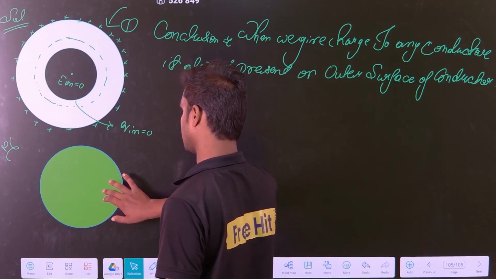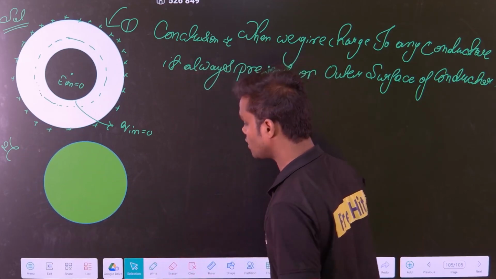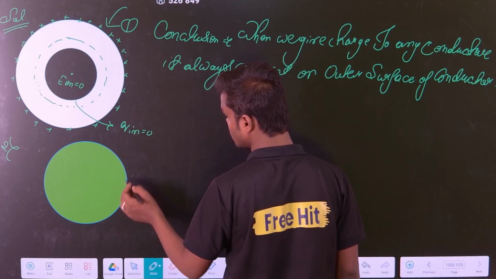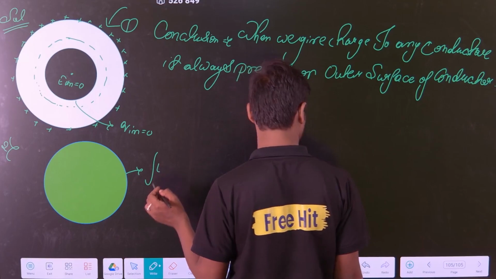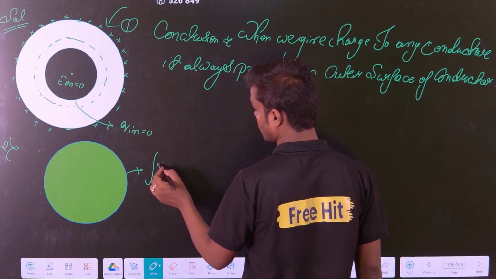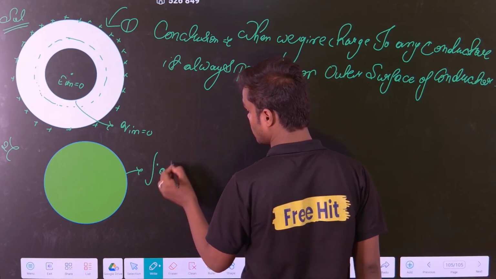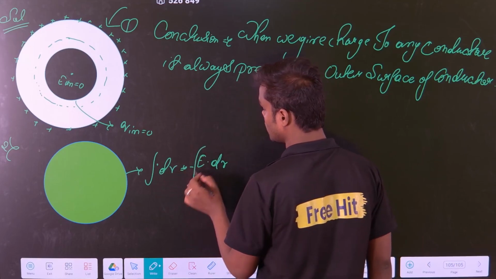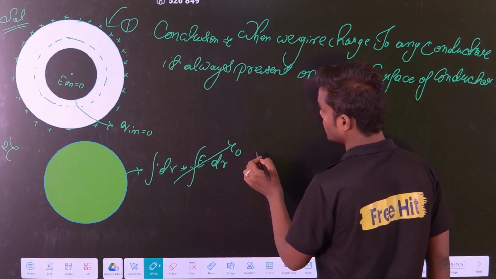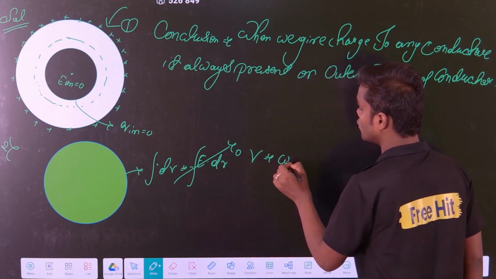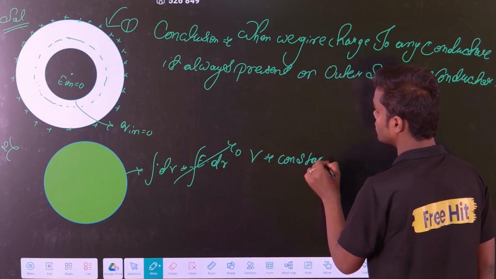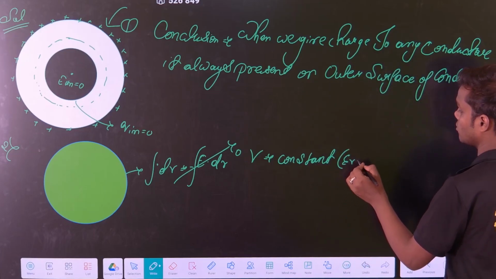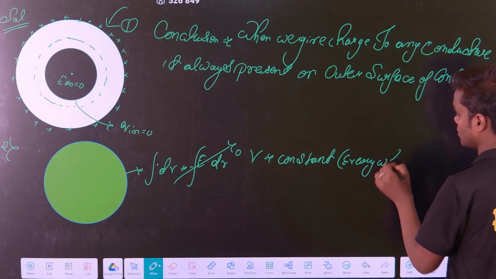No doubt. So if the electric field is 0, I can apply this formula: dV is equal to minus E dot dr. If the electric field is 0, this term is 0, so I can say my potential is constant everywhere inside, not outside.